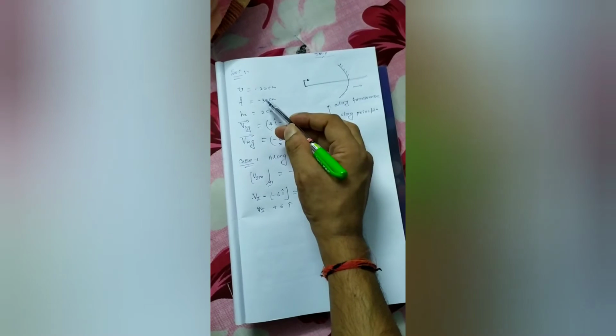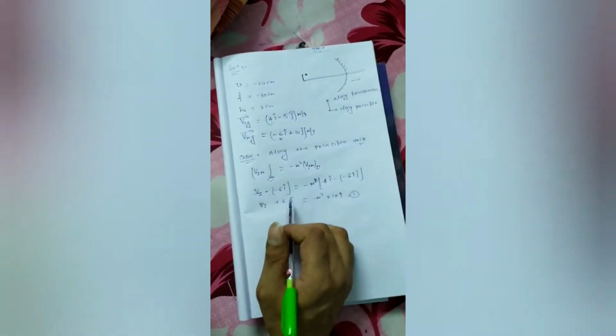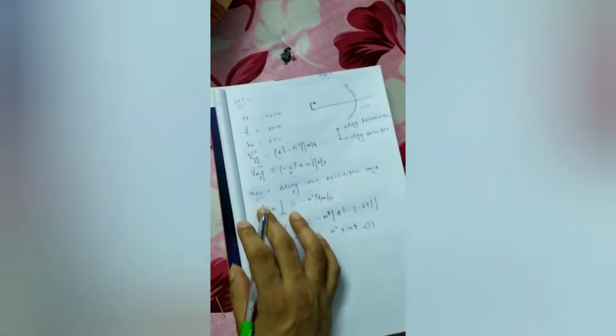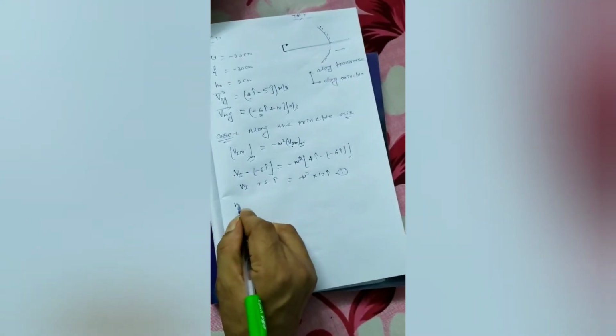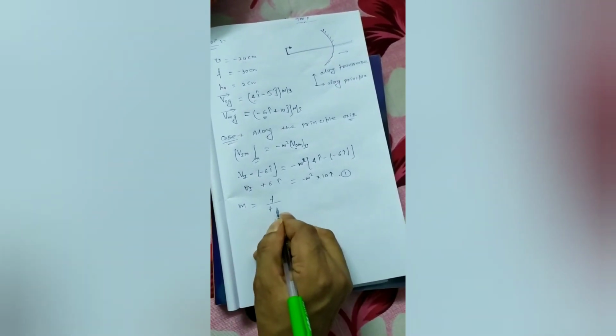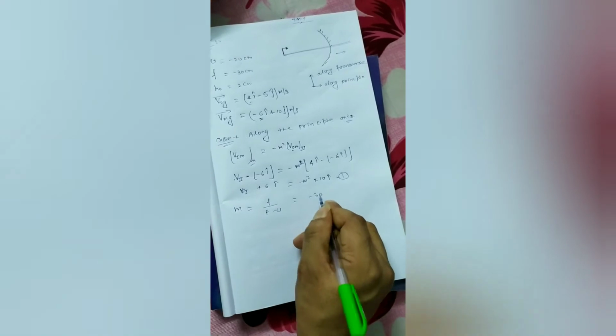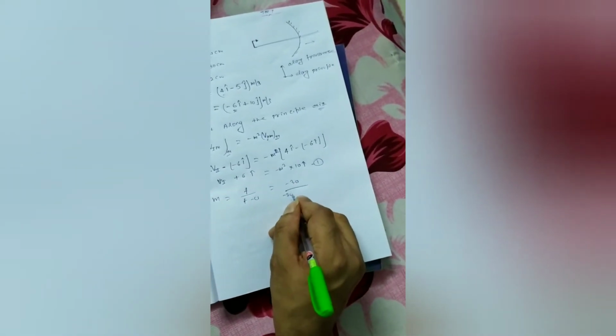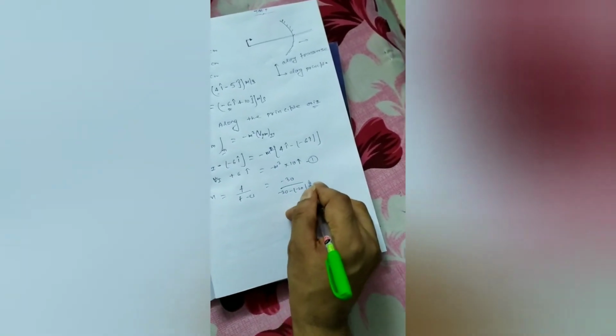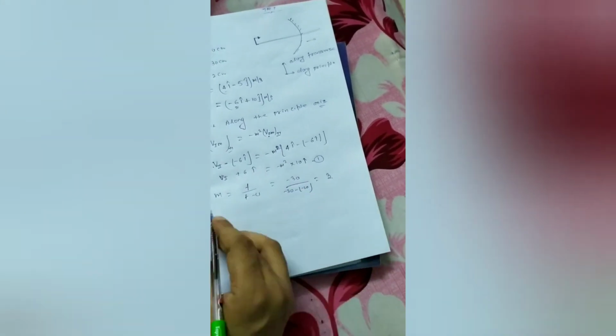Now we have to calculate what m will be. See what is given: u given, f given, so we will calculate m. M is equal to f by (f minus u). Put here minus 30 by (minus 30 minus 20). So this will finally come to 3.